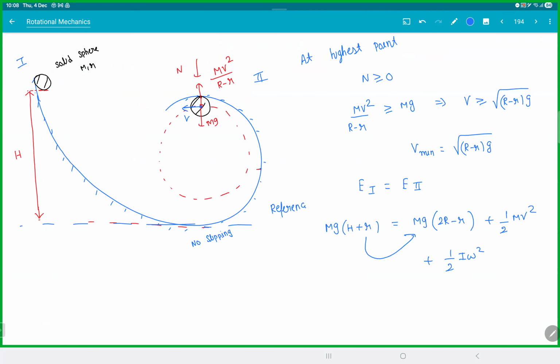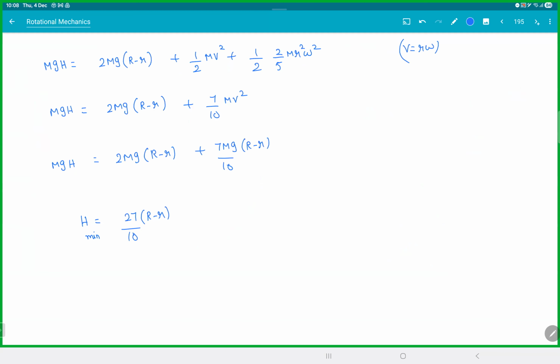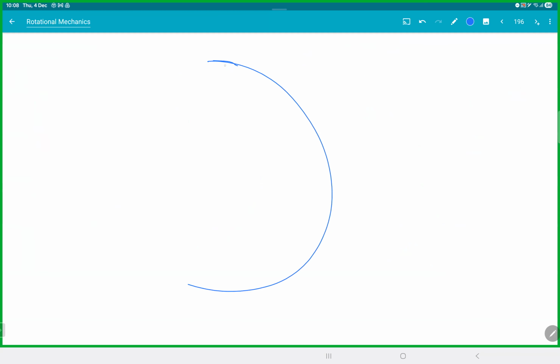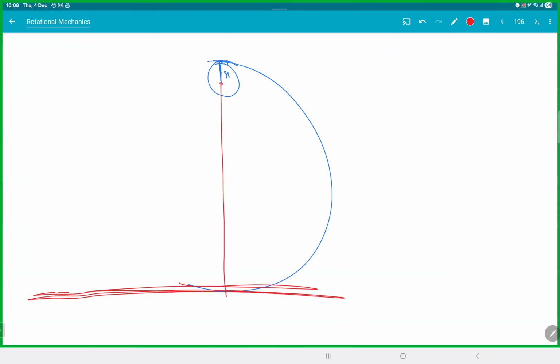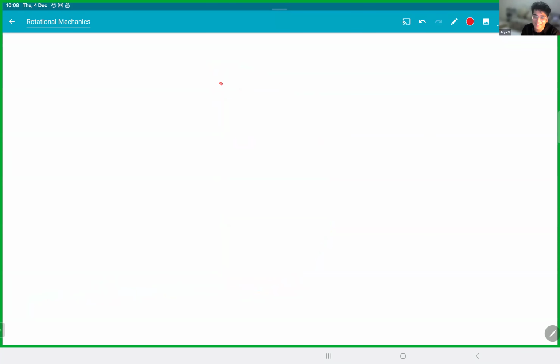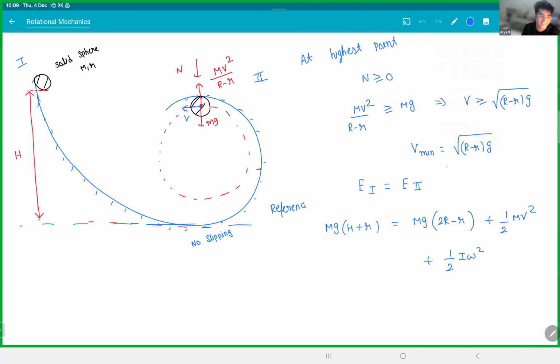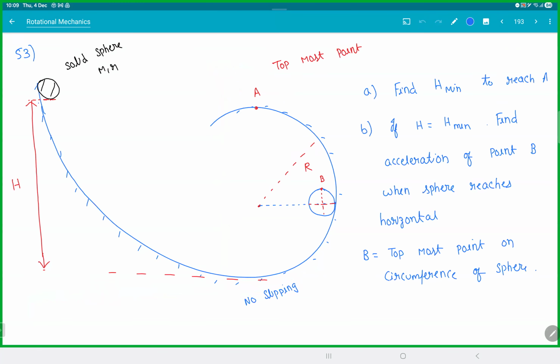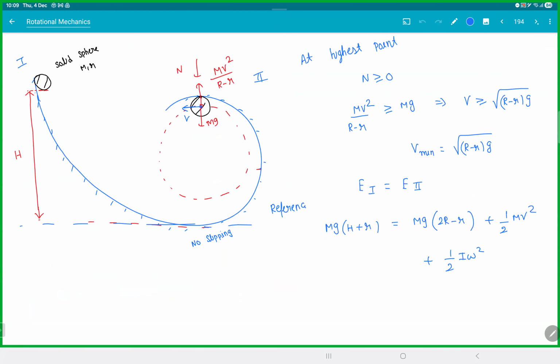Take this R and shift it to that side. Then why didn't you write 2 capital R minus 2 small r? Why would small r come? Look, this was the circle, but the center of mass has traveled 2 into r minus... I took the ground as reference. Sir, I missed the initial thing. I clearly wrote h with the bottom as reference. Ignore small r, and check out the steps.